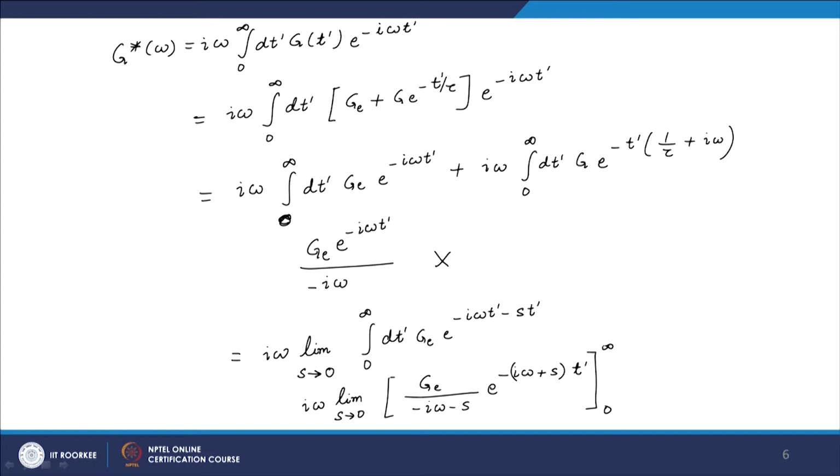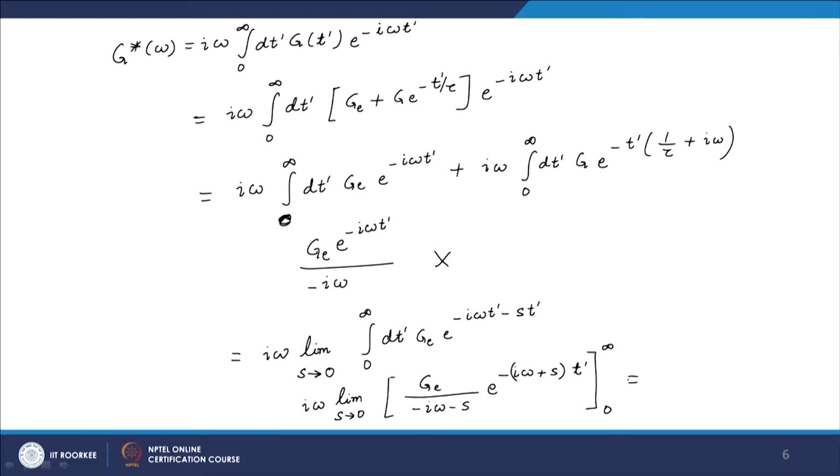Now you can see that since I have added a small s here, the upper limit now goes to 0 and the lower limit of course goes to 1. So, adding the real number essentially makes our job easier. So, this then gives me I omega limit s going to 0 Ge by s plus I omega, that essentially will give me Ge from here.